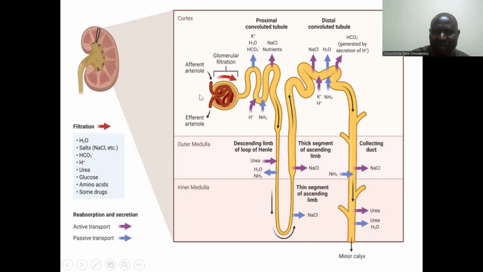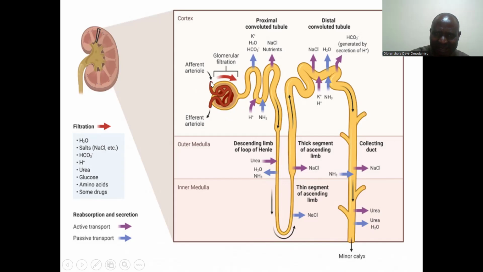We are going to pay attention to the Bowman capsule, and the afferent arterioles. The afferent arteriole brings the blood from the general circulation to the kidney. This structure is called the Bowman capsule. It's like a funnel. We'll see the implication of this structure shortly.